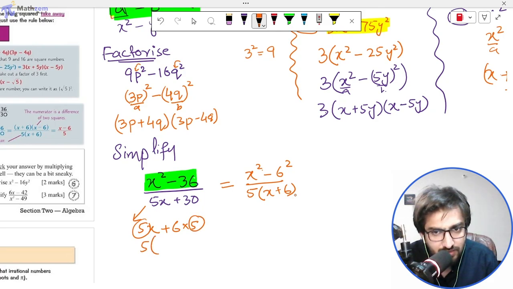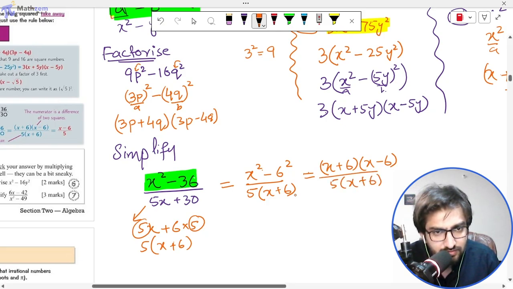What will be left in the bracket? 5x divided by 5 is x, and 30 divided by 5 is 6. Now let's apply the formula on the numerator. So that would be x plus 6 and x minus 6 divided by 5 into x plus 6.